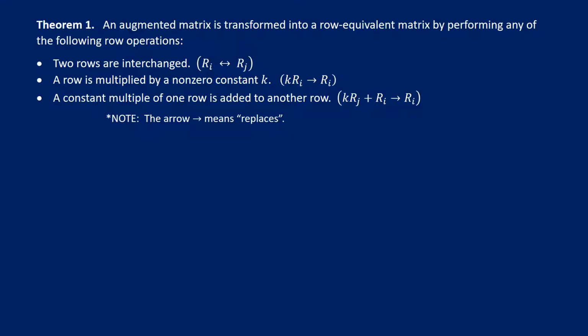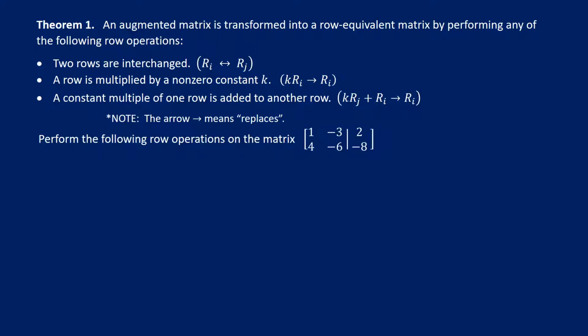We can multiply a row by a non-zero constant k. So the row command for that is in parentheses, kRi replaces Ri. A constant multiple of one row can be added to another. So for example, kRj plus Ri replaces Ri.